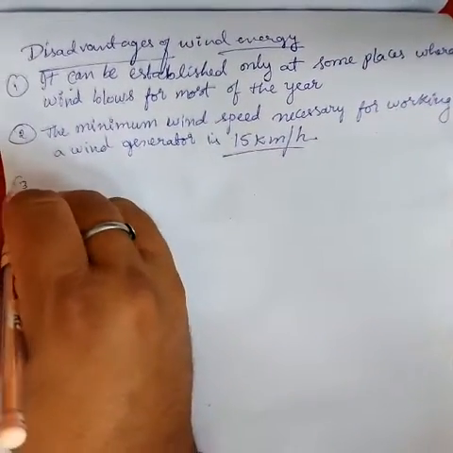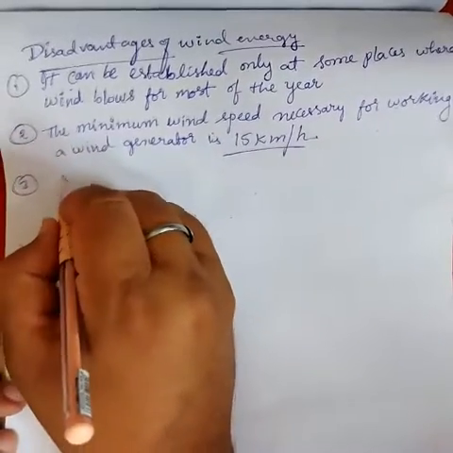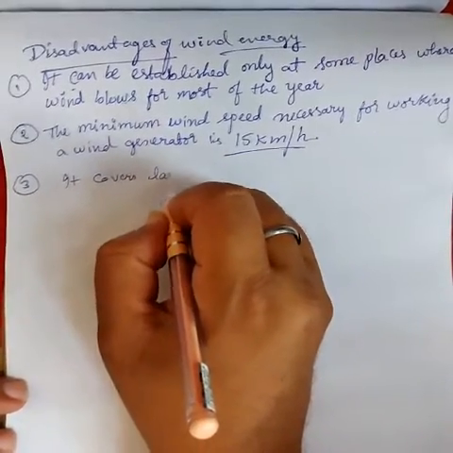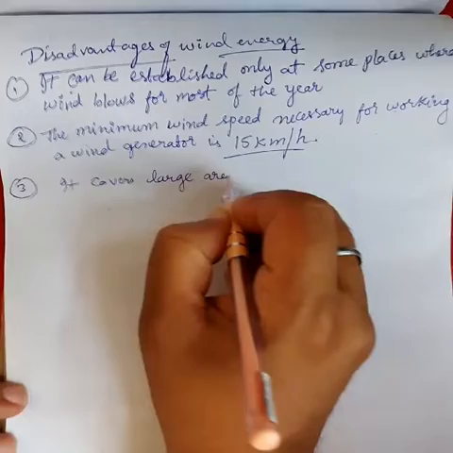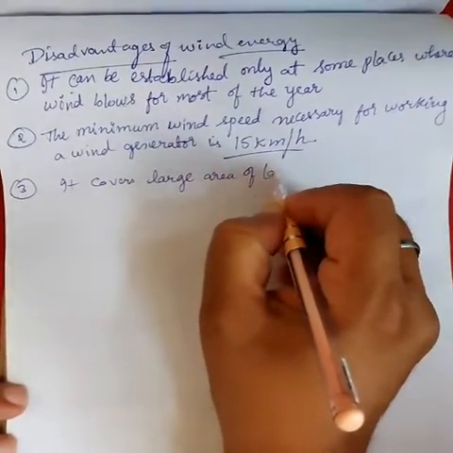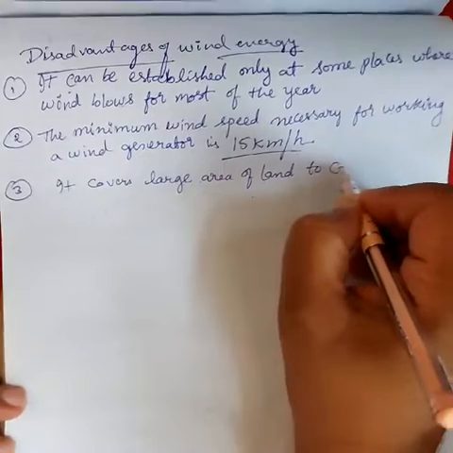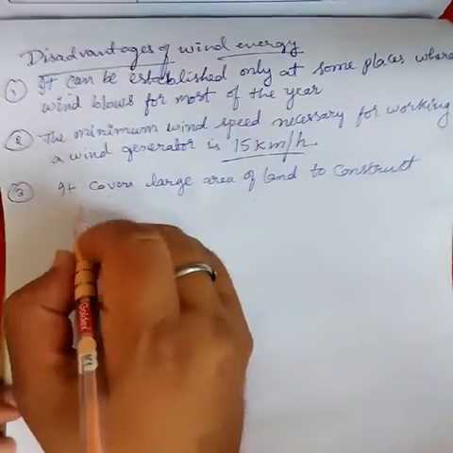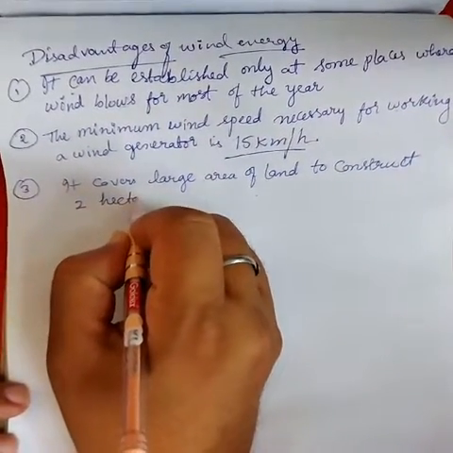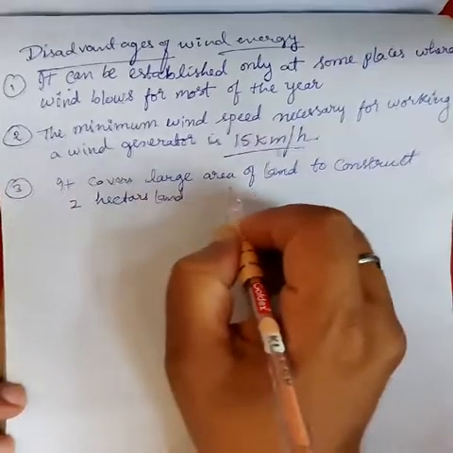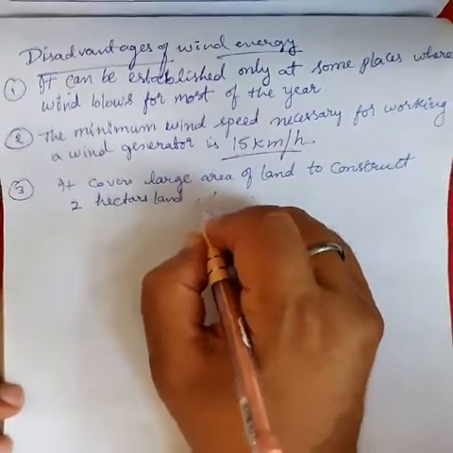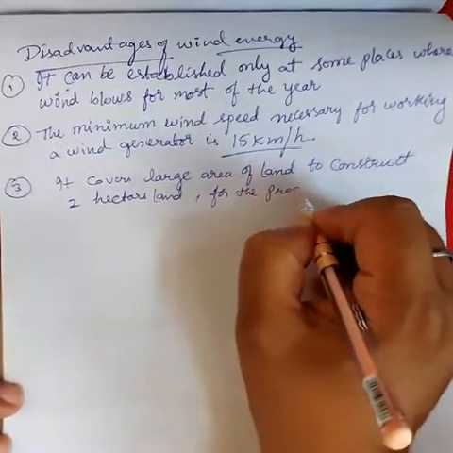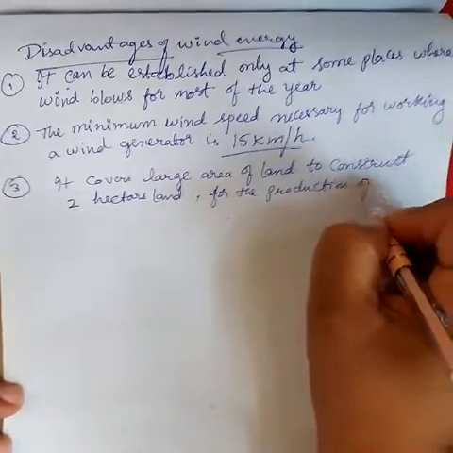Next, the third point is that it covers a large area of land to construct. Nearly 2 hectares of land are needed for the production of 1 megawatt of electricity.